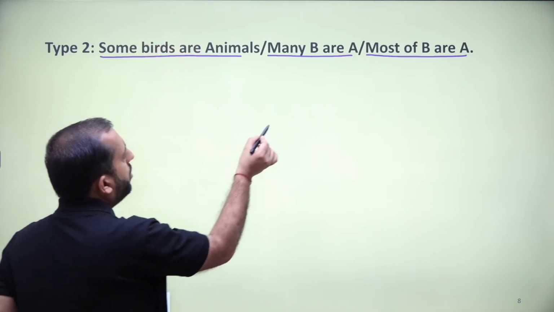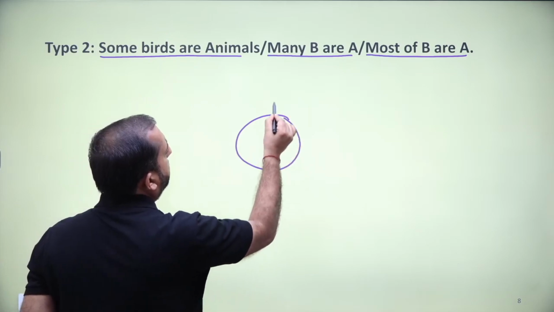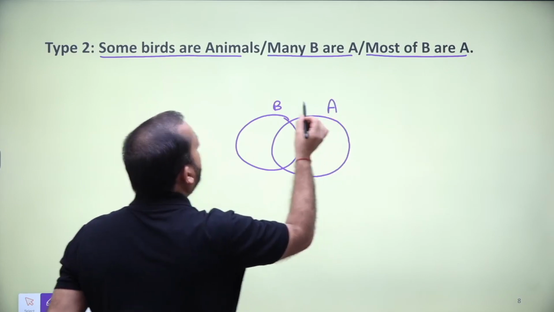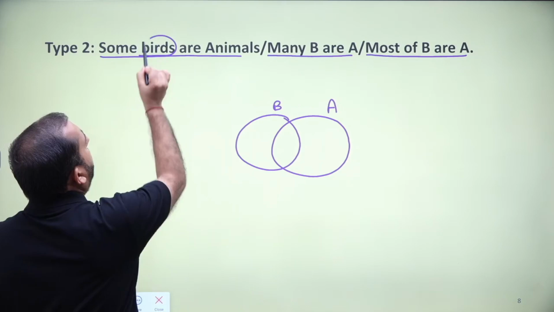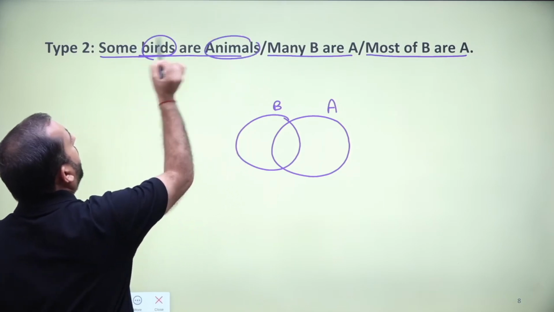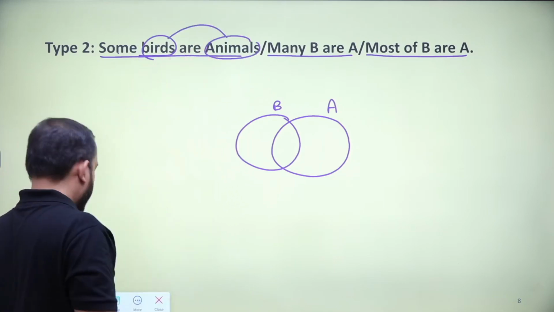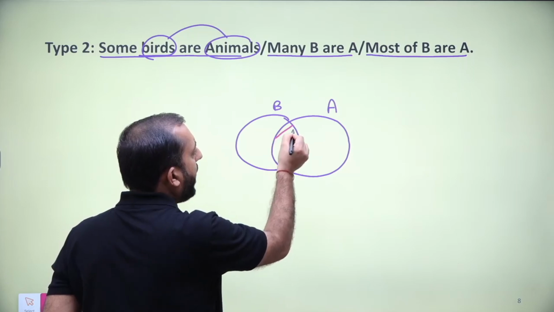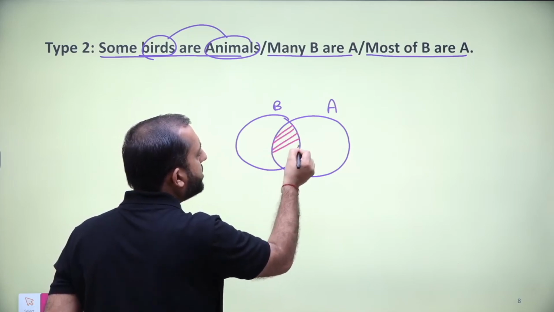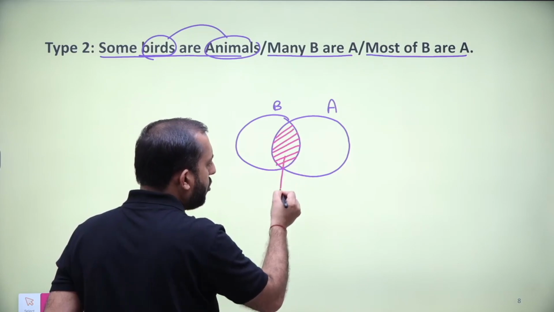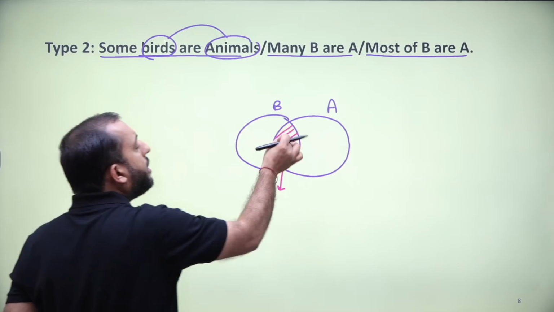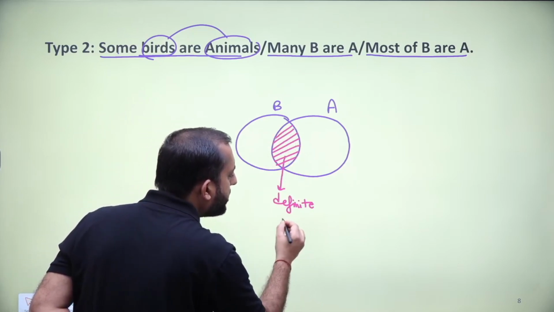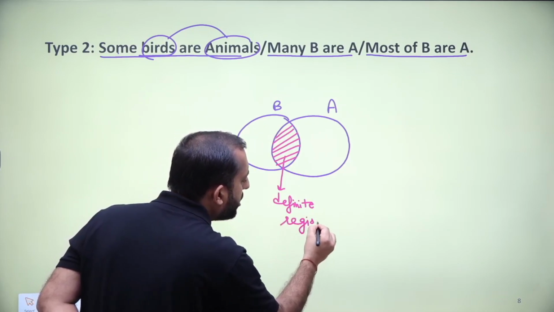See what you will do: a circle of bird and a circle of animal, with some birds being animals. In this case we have information regarding the definite region only. So the intersection will be the definite region for us.